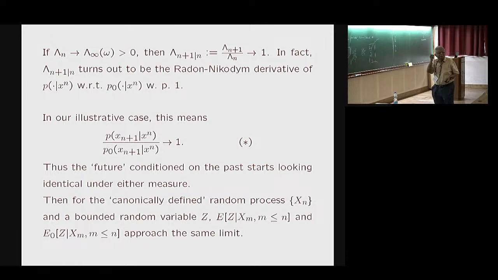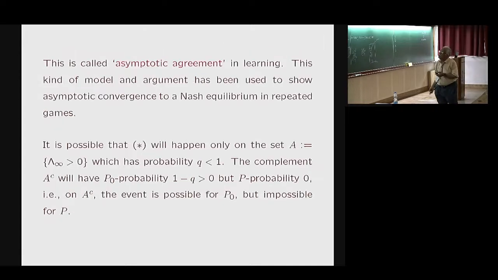For example, the conditional expectation of any random variable Y given history till n, asymptotically under P and P naught, agrees. I have said that here.